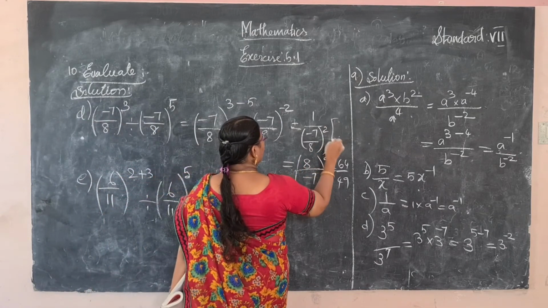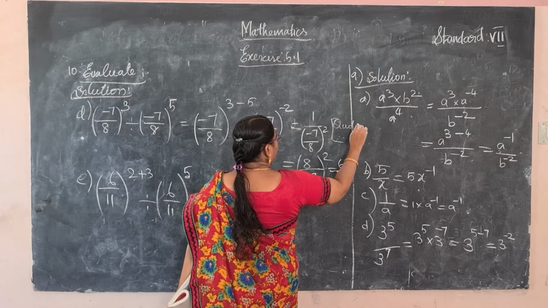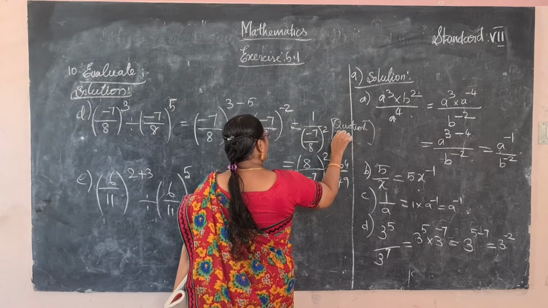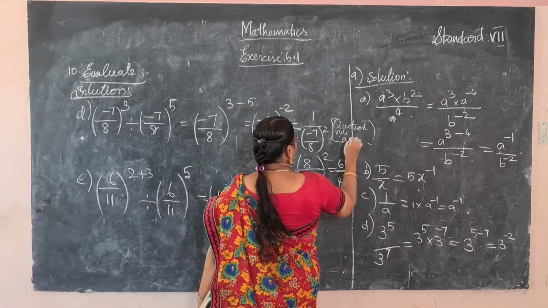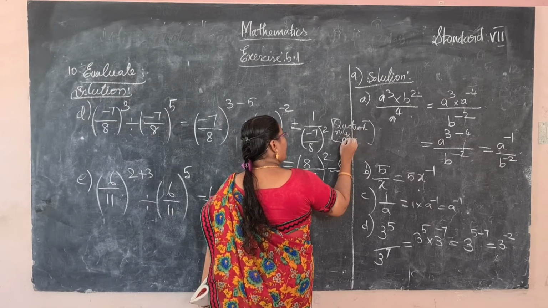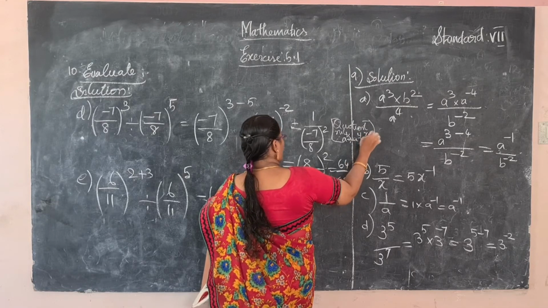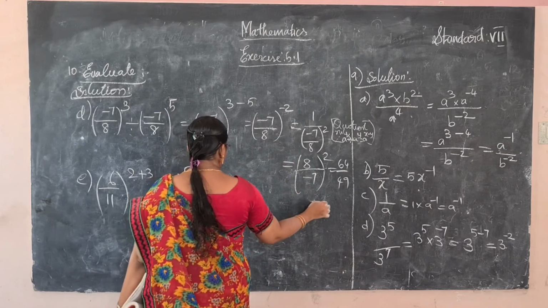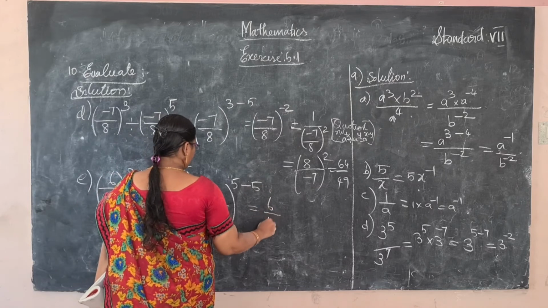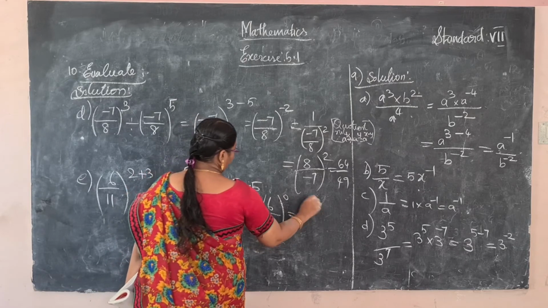Here also we have applied the quotient rule. What is the quotient rule? A power x divided by a power y is equal to a power x minus y. The same rule we have applied here also. So 5 minus 5, so 6 by 11 the whole power 0. So anything power 0 is 1.